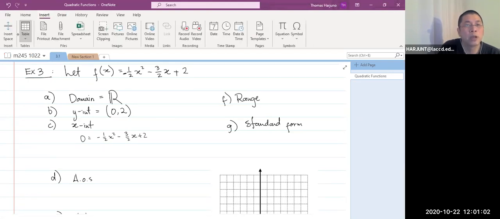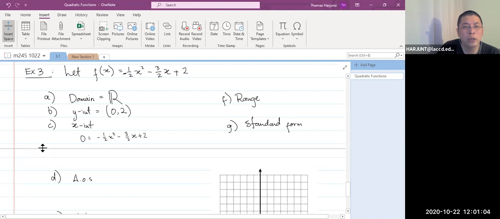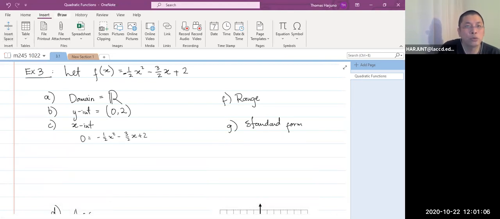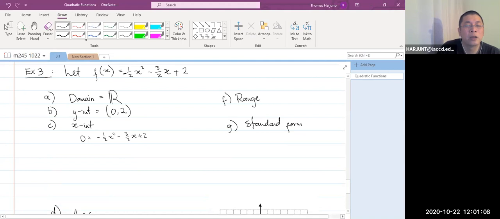I will multiply by negative 2. Multiply by 2 to get rid of the denominator, and multiply by negative to get rid of the negative sign in the leading coefficient. So I will get 0 equals x squared plus 3x minus 4.